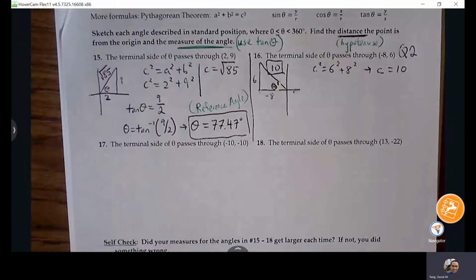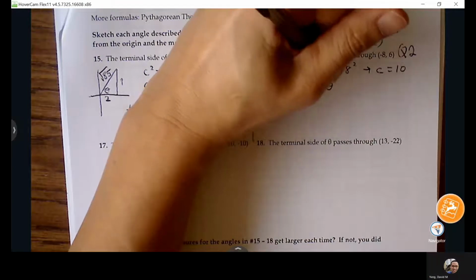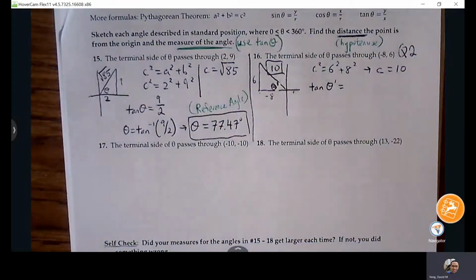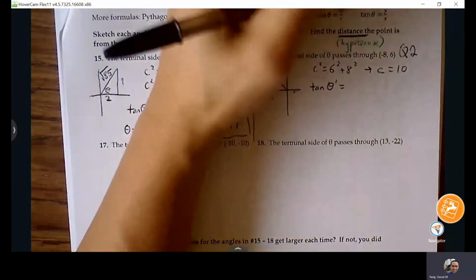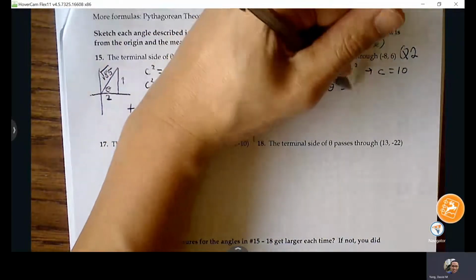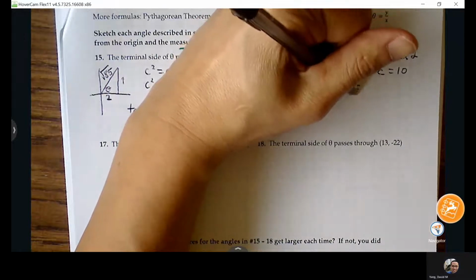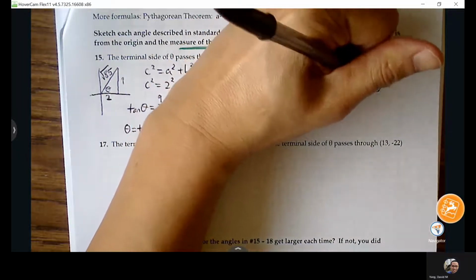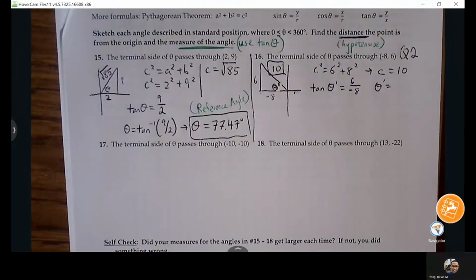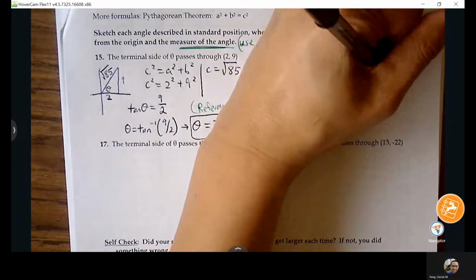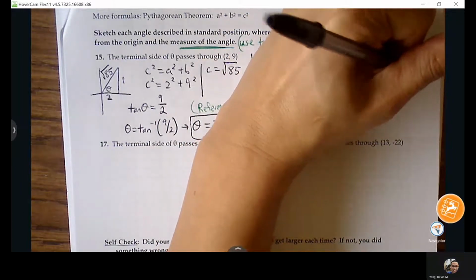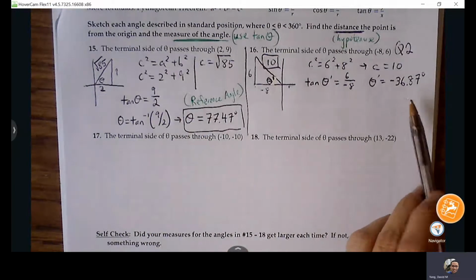Okay, Pythagorean theorem, get to that distance pretty easily. Okay, again, we'll rely on tangent. I'll use tangent of theta prime is equal to 6 over -8. So we get -36.87 degrees.